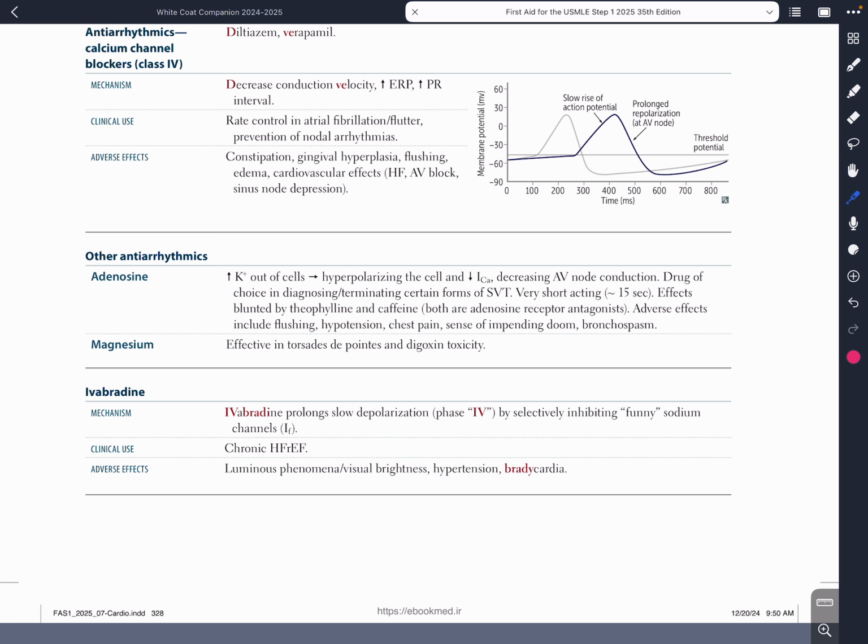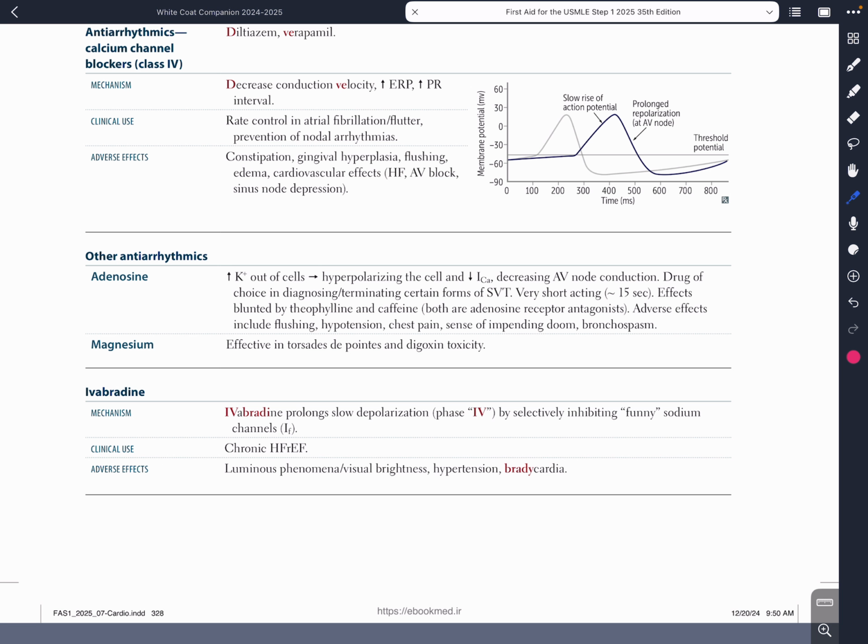The clinical use of ivabradine is chronic HFrEF, heart failure with reduced ejection fraction, a condition where ejection fraction is lower than 55%, maybe 25%, maybe even 20 to 15%. Those patients get ivabradine.